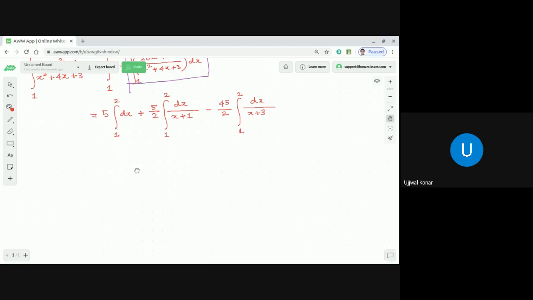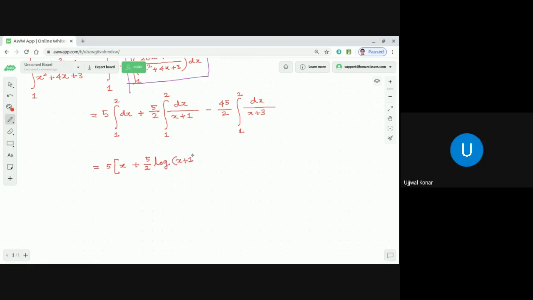So now the task is pretty simple. So this is equal to 5 into x, correct or not? And in fact, I can write 5 by 2 log of x plus 1. Let me write the entire thing together, okay?